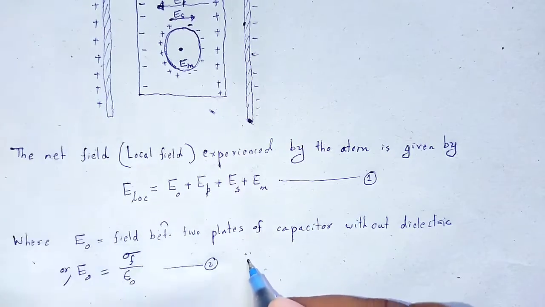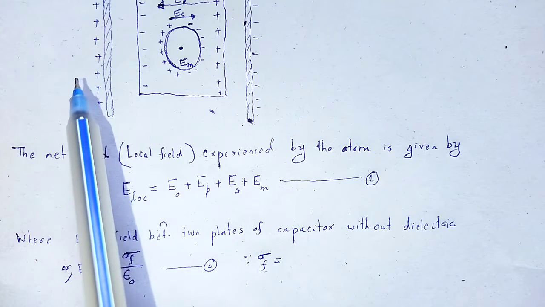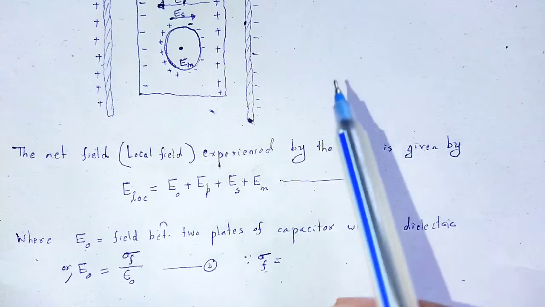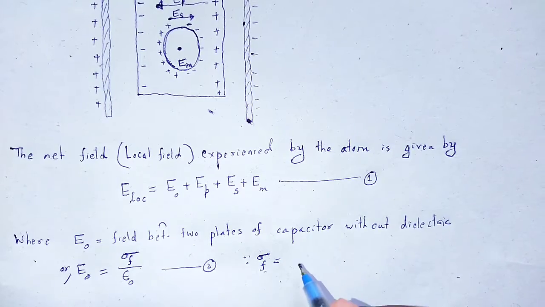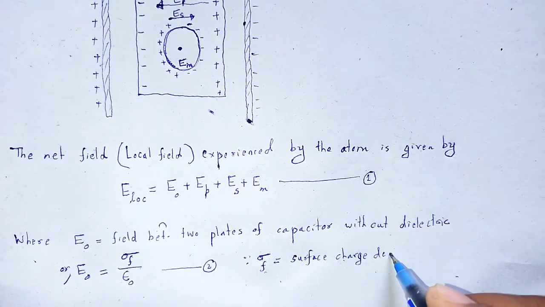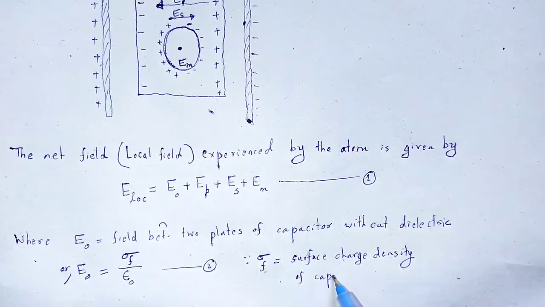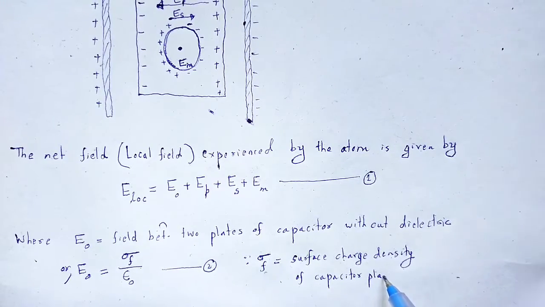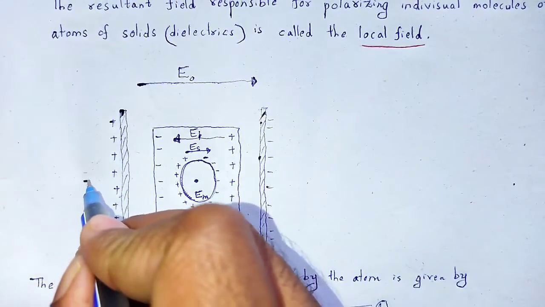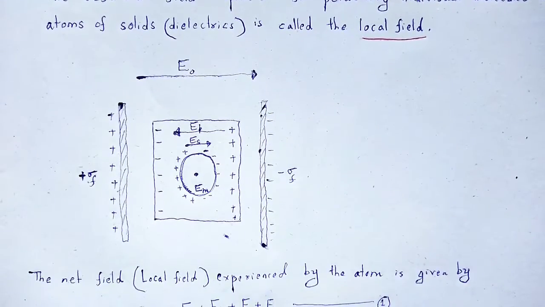Equation number 2, where sigma f, that is the surface charge density of the plates of the capacitor, surface charge density of capacitor plates. Plus sigma f here, minus sigma f.